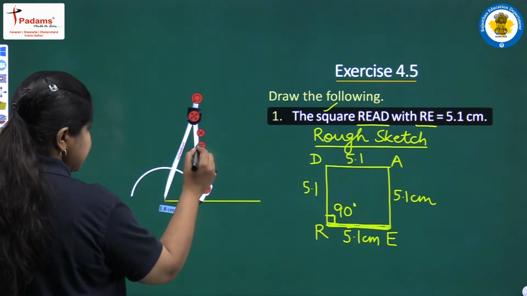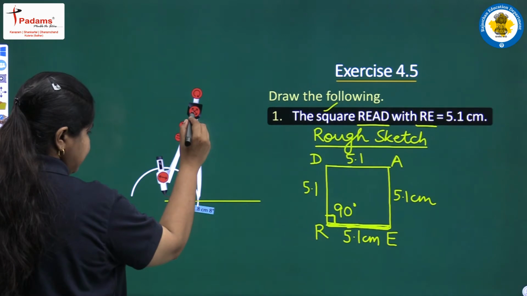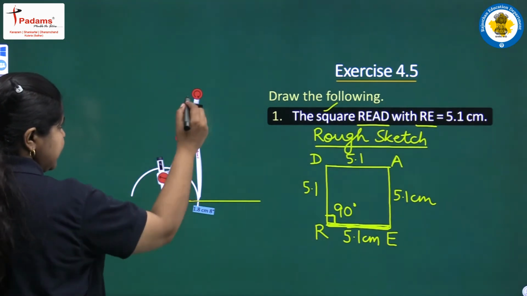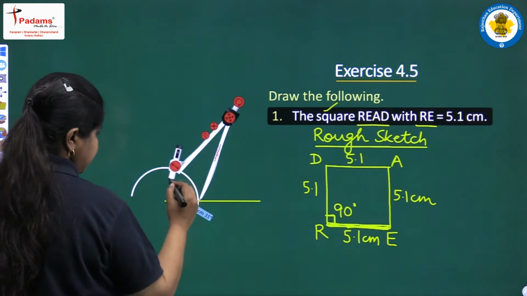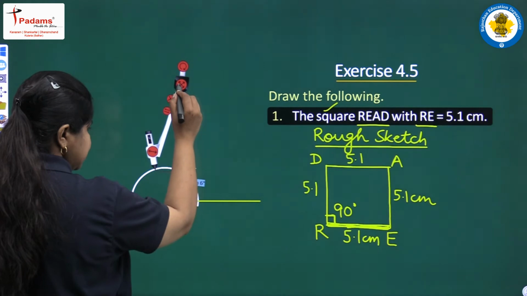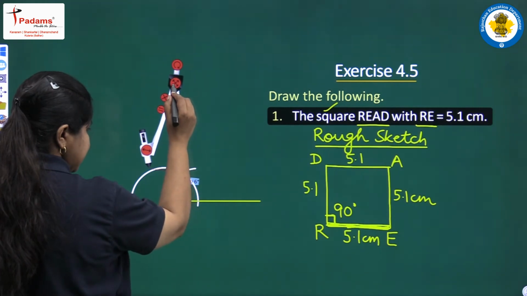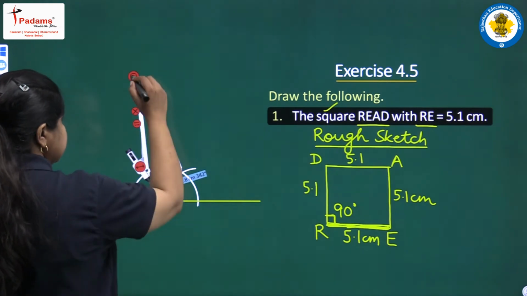Then with the same radius, taking the center at this point, we will draw one more arc in this way. Again taking the center at this point, and with the same radius again we will draw one more arc in this way.